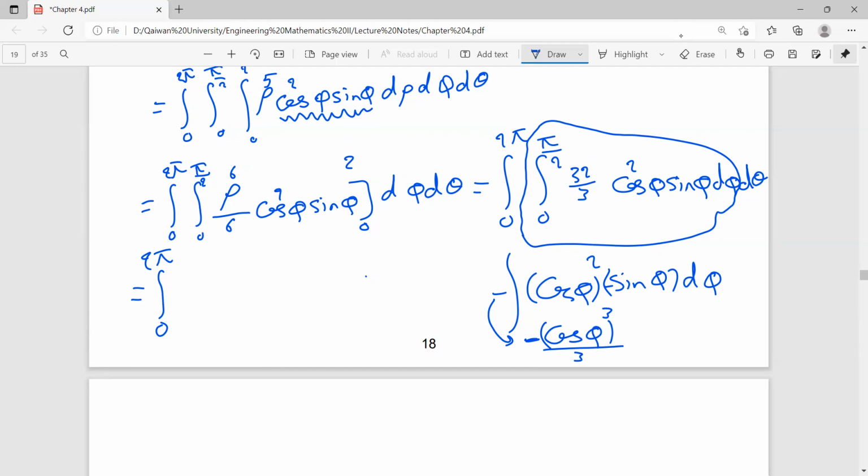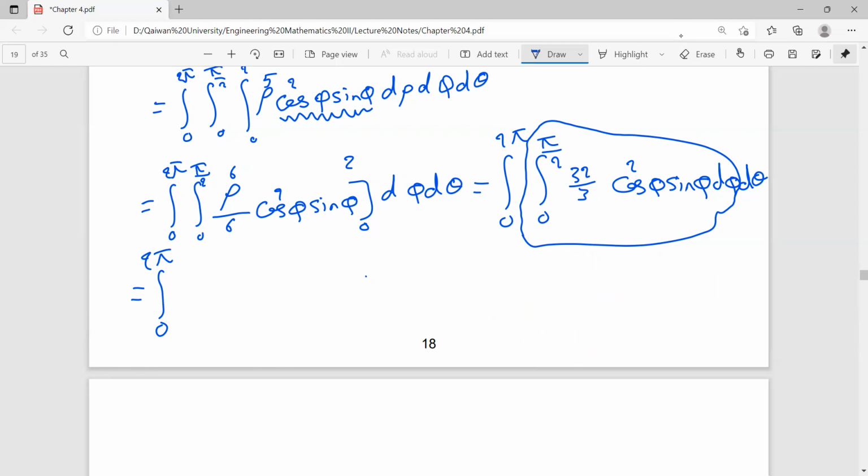So the result of the integration is minus 32 over 3 times cosine phi to the power 3 dividing by 3. Yeah, this negative sign is the sign which we got from the integration. It's from 0 to pi over 2.